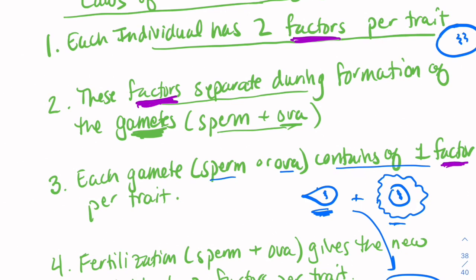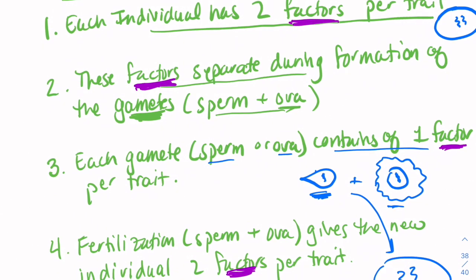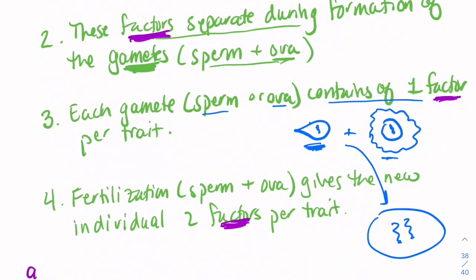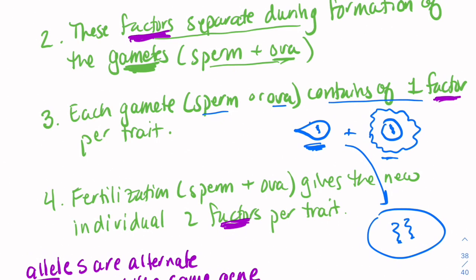But we use a different word. If you're thinking we use the word genes, you're almost there. We use a different word that I bet some of you have heard before, and it's called an allele. Alleles are alternate forms of the same gene. I gave you a definition for the gene much earlier in the year.